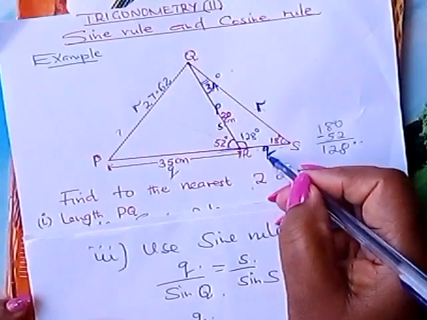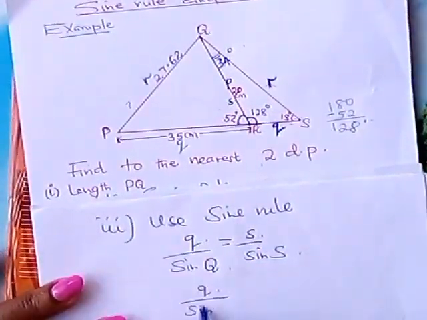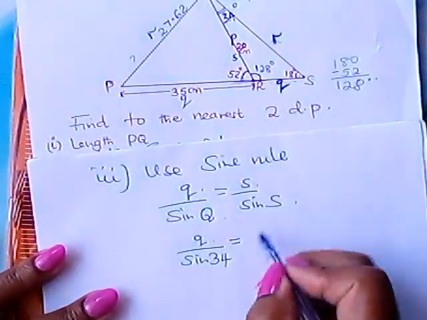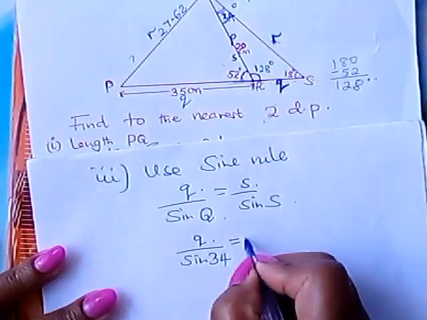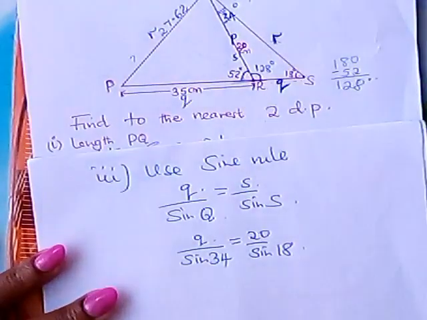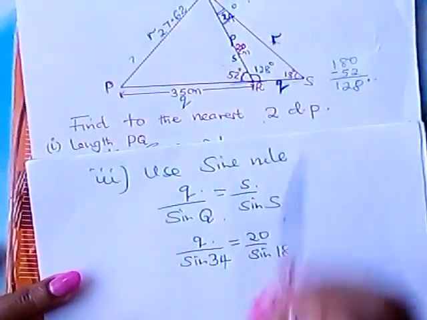Q over sine 34 is equal to 20 over sine 18. You just substitute correctly.